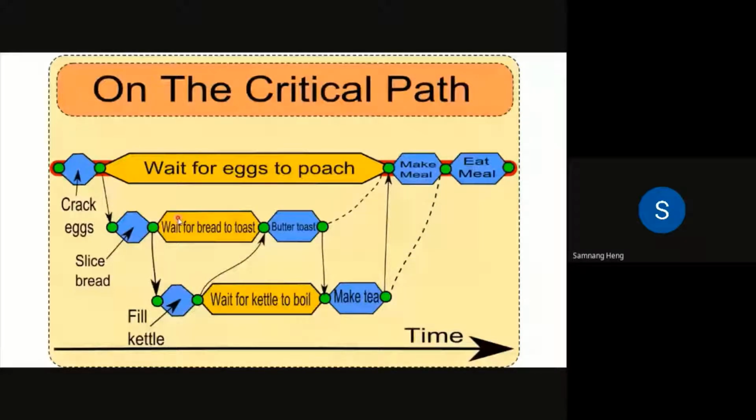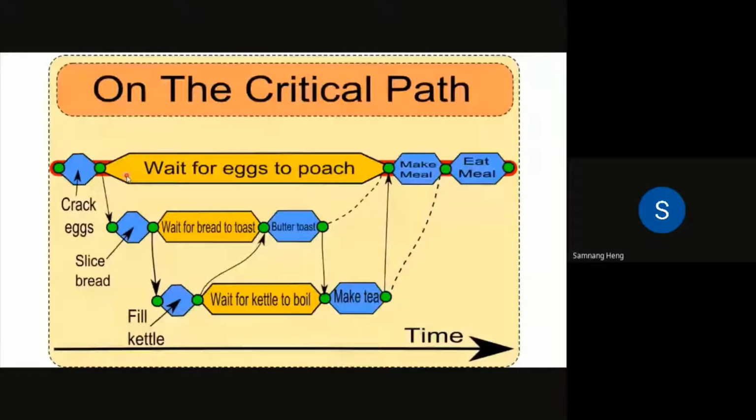What is uncritical path? Uncritical path is probably someone who never cooks at all in their entire life. I'm not trying to target anyone, just for example. They don't understand the concept of critical path, and they don't want to save time.